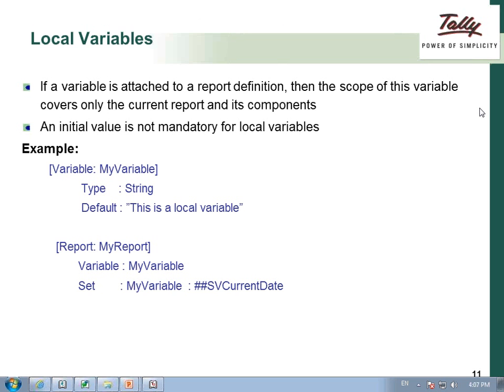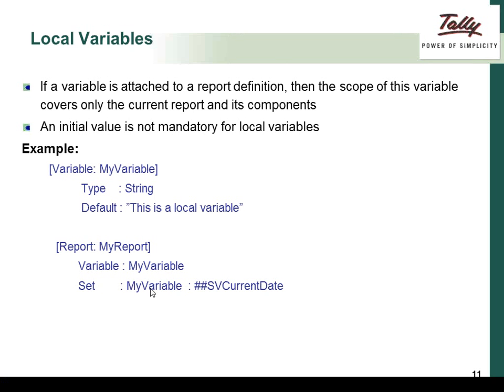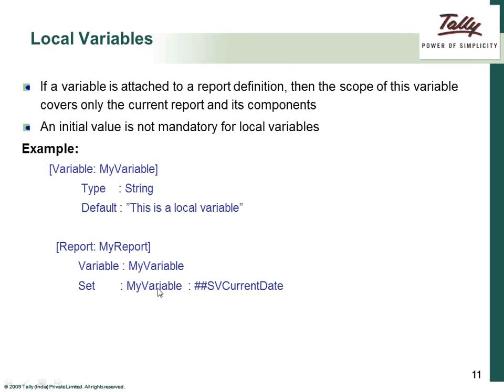So the set attribute at report level accepts a variable name as a parameter. So whatever variable name you have provided is what will be considered for modification. Right? I think I have answered your question, Brian.